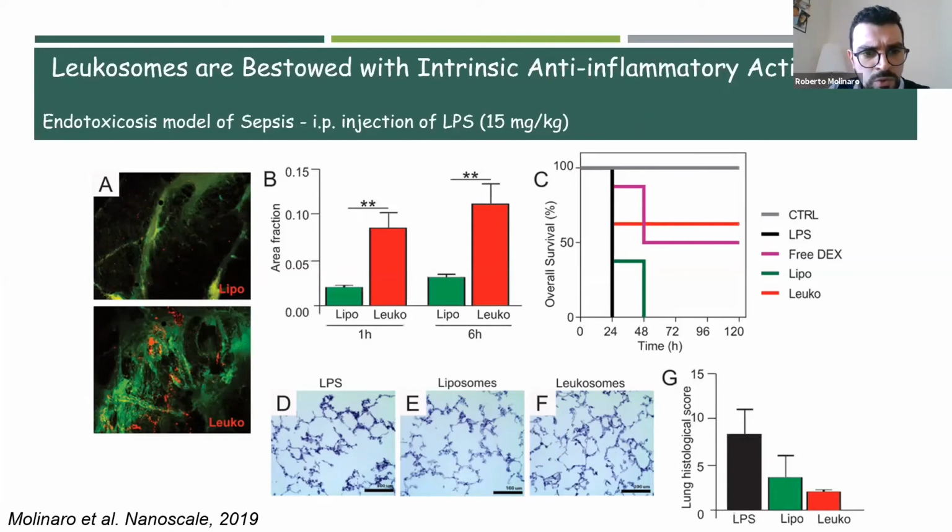First of all, we could observe an increased accumulation at both 1 and 6 hours after injection at the lung parenchyma. In particular, looking at the survival curve, 66% of mice treated with empty leukosomes, the line in red, could survive, compared to 50% of mice treated with the free drug, while mice treated with liposomes died over the 48 hours.